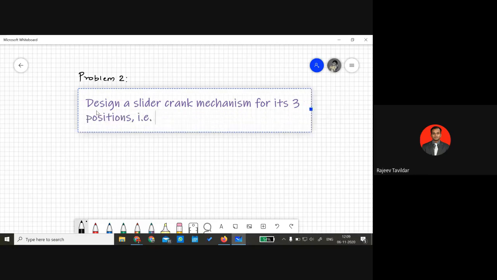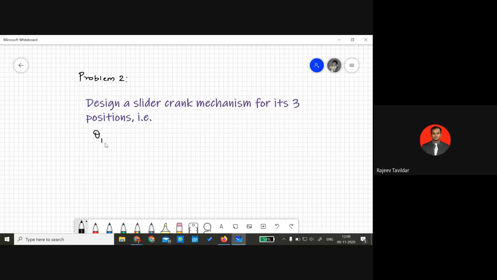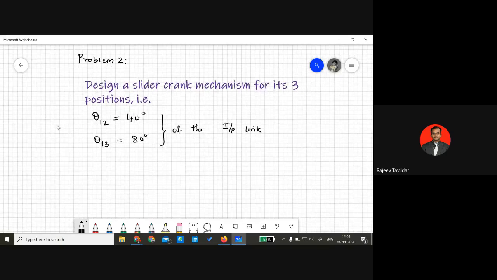That is, theta 12 is given as 40 degrees, theta 13 is given as 80 degrees. This is of the input link. Okay. Apart from this, what else data is given?